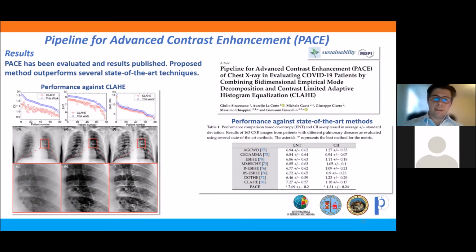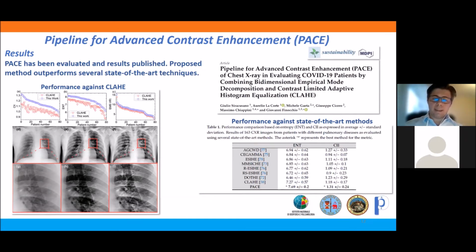And as we can see, on the whole data set of 79 patients affected by COVID-19 that have been considered for this study, PACE has been able to outperform CLAHE on all these patients.